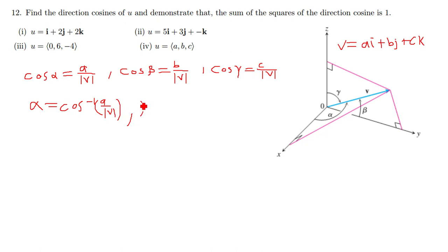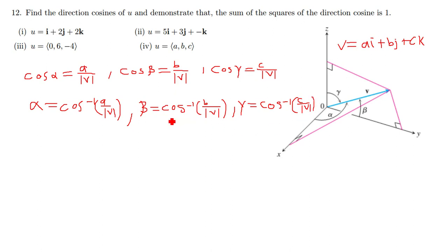You also find beta, where beta is just equal to the cos inverse of b over the magnitude of v. And even the last one, you do the same. Gamma is just the cos inverse of c over the magnitude of v. So this is basically what you do.